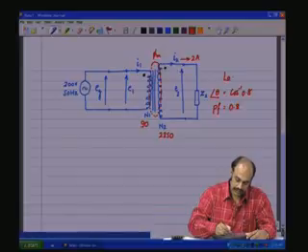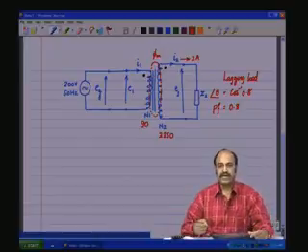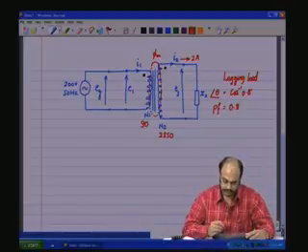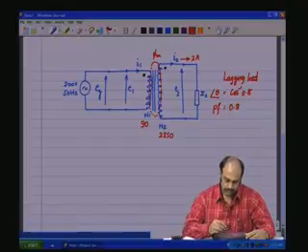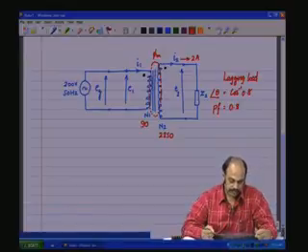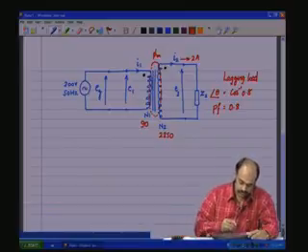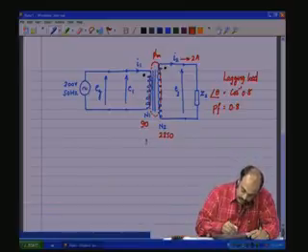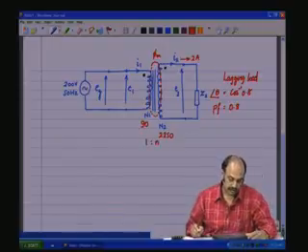Let us say lagging load, which means Z is an inductive RL kind of load. Now, this being the description of the circuit, let us try to see what information we can extract. And this is a 1:n transformer.